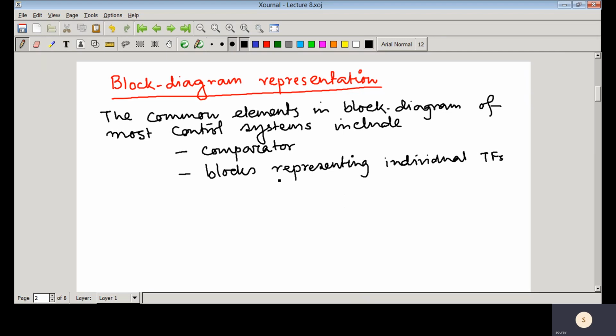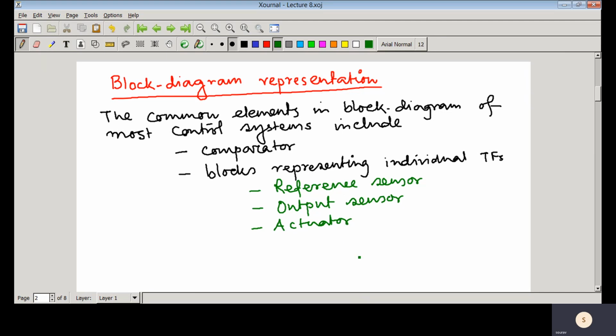Which are those? So those are reference sensor, then output sensor, actuator. Already we have seen those blocks, controller and the plant.